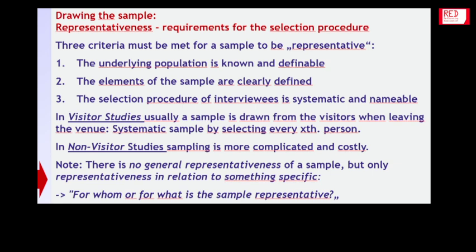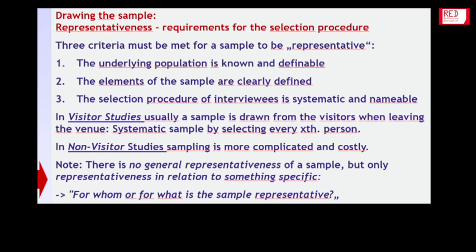So what is a systematic rule? Very easy in this case. For instance, I can say, draw a line in your mind to the opposite side of the street, and then, for instance, select every 10th person that is crossing this line.